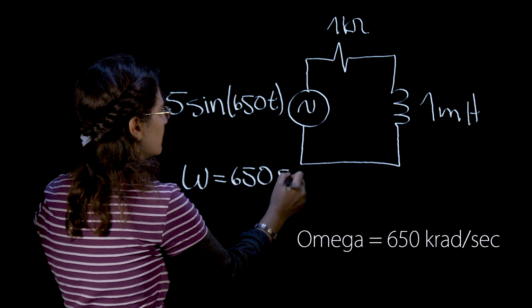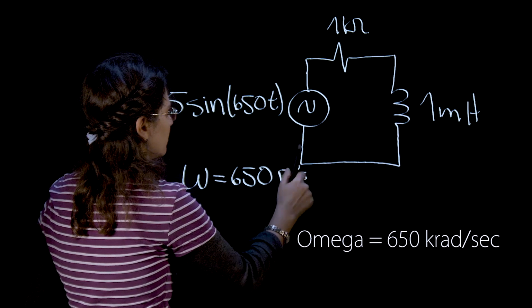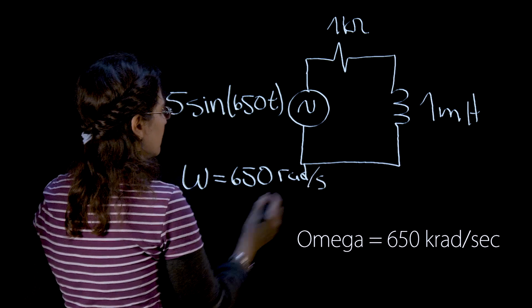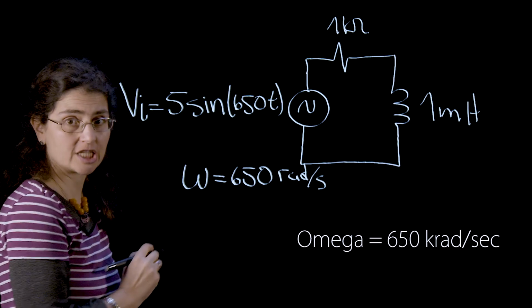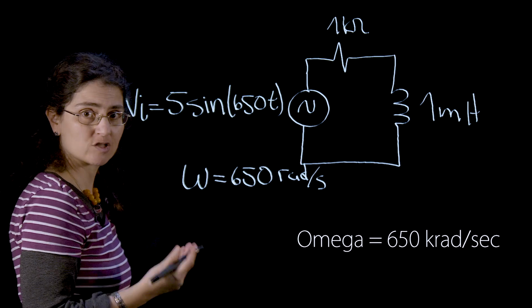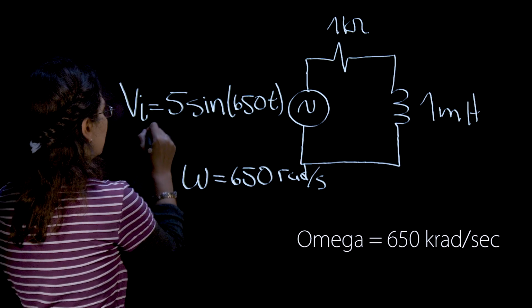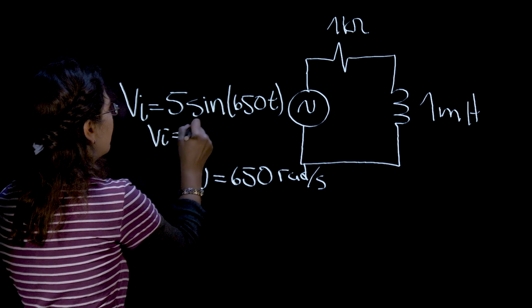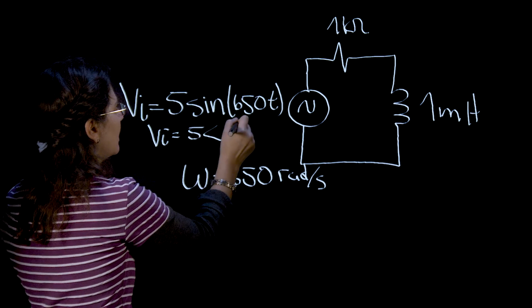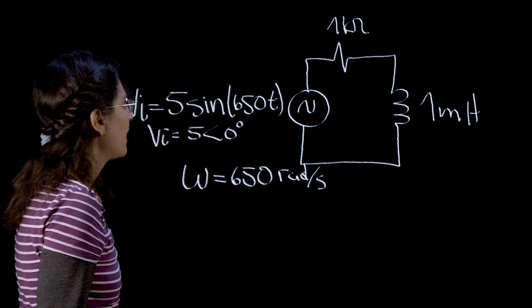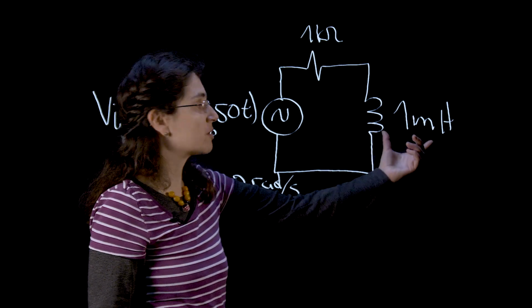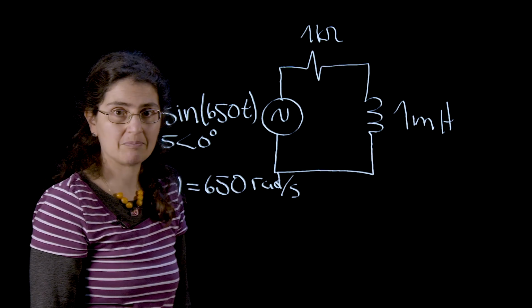650 radians per second. And that our input voltage we can represent in a phasor form like we did with the RC circuit. So it's going to be 5 with 0 degrees angle because there's no phase in this sine wave. Then we want to substitute our elements by their corresponding impedances.